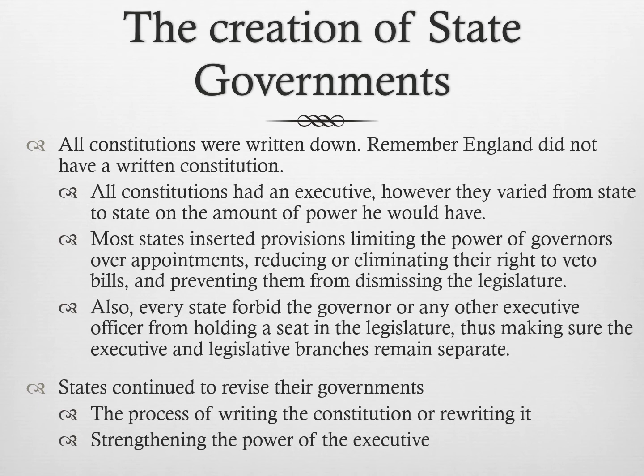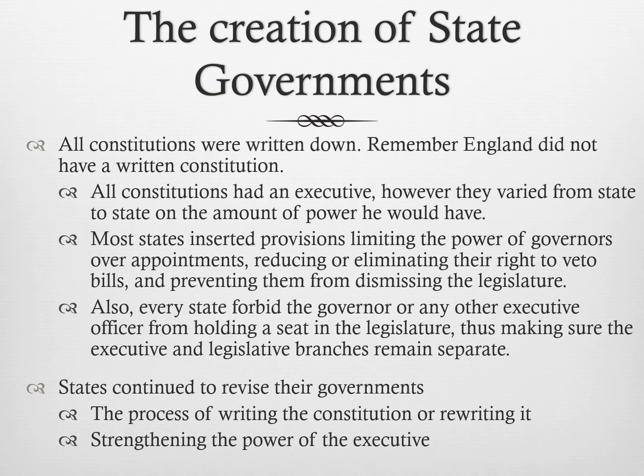Now, all constitutions are going to have an executive. However, they're going to vary from state to state on the amount of power he would have. Most states inserted provisions limiting the power of governors over appointments, reducing or eliminating the right to veto bills, and preventing them from dismissing the legislature.